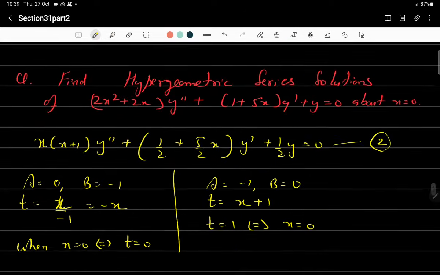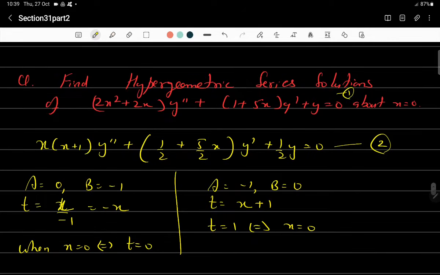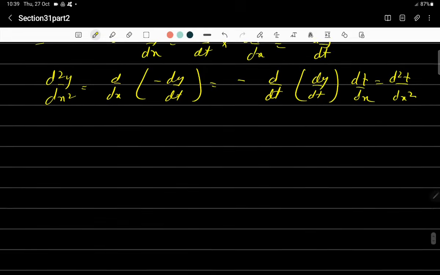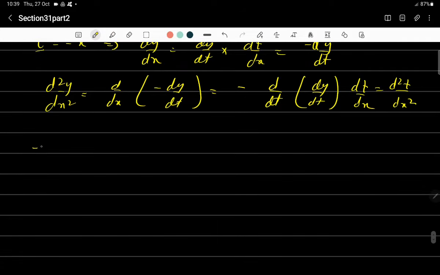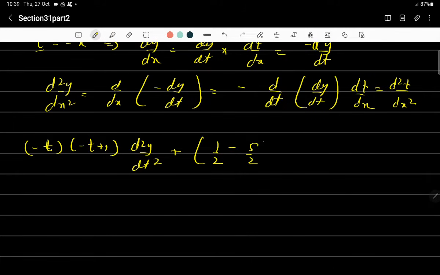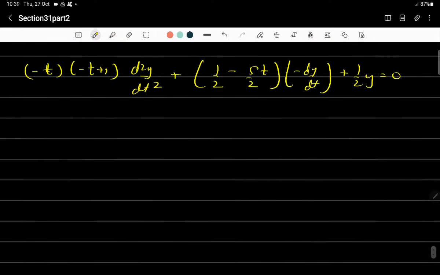So let's say this is equation 2, this is equation 1. So equation 2 would become, x plus 1, so x is minus t, plus 1, d2y by dt square, plus half minus 5 by 2t, minus dy by dt, plus 1 by 2 y is equal to 0.